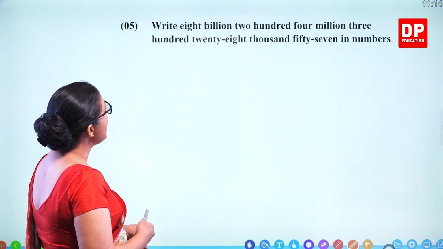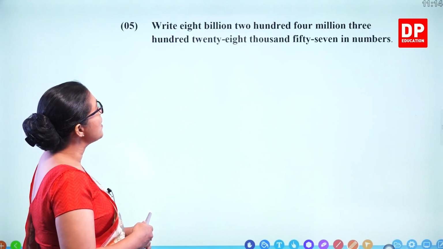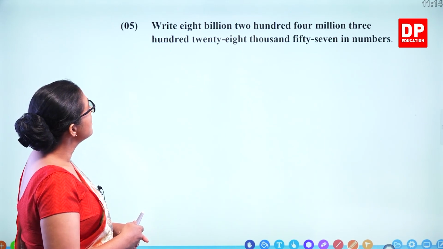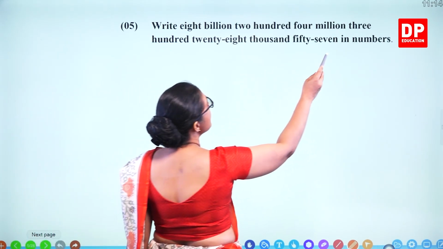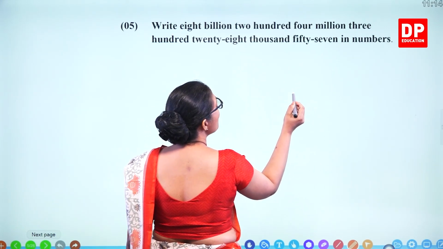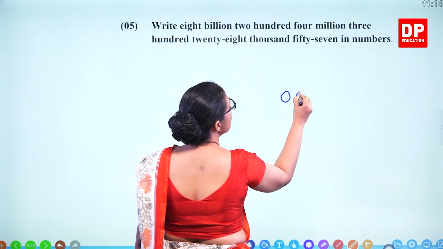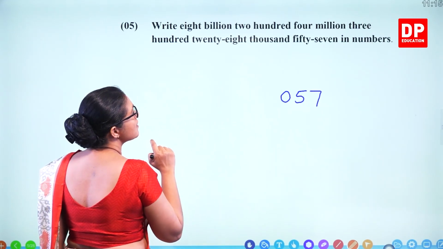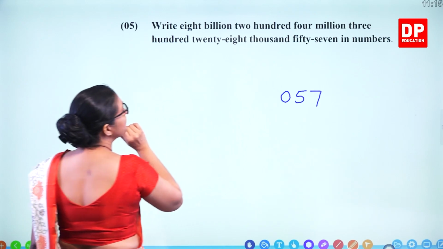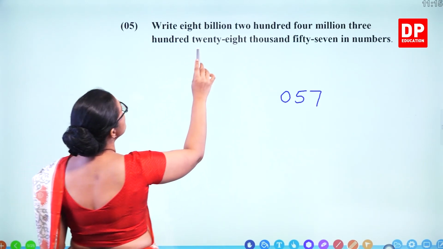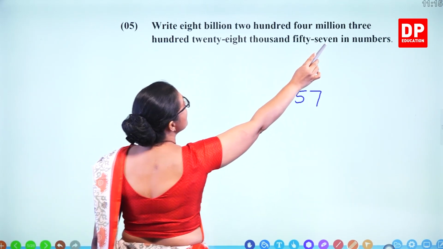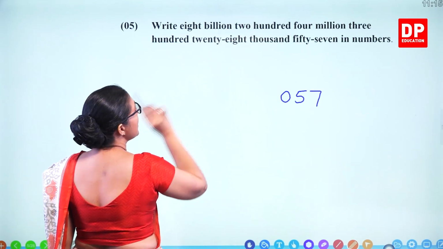Question number 5. Write 8,204,328,057 in numbers. So you can start from here. It says 57. We can start from here. How do you write 57? So here 057, that's the first 3 digits. Then this is 328,000.